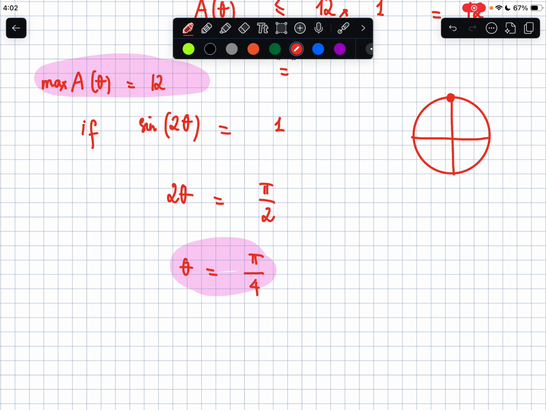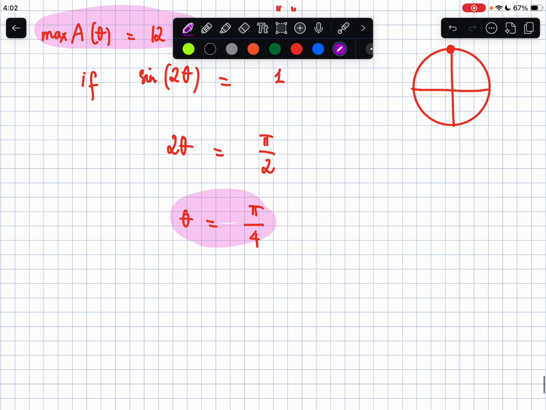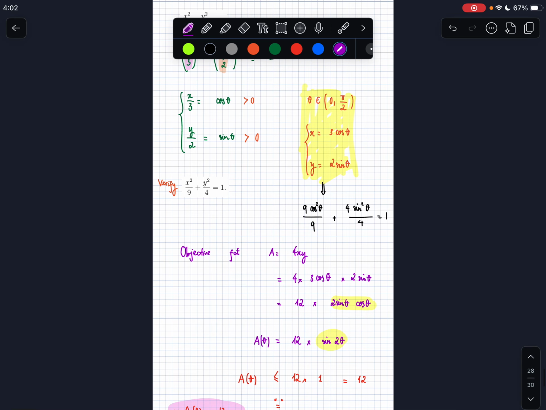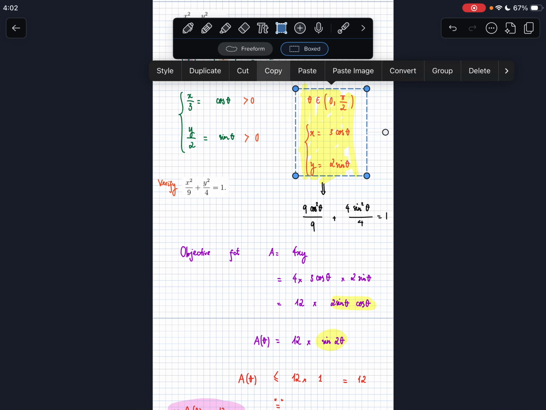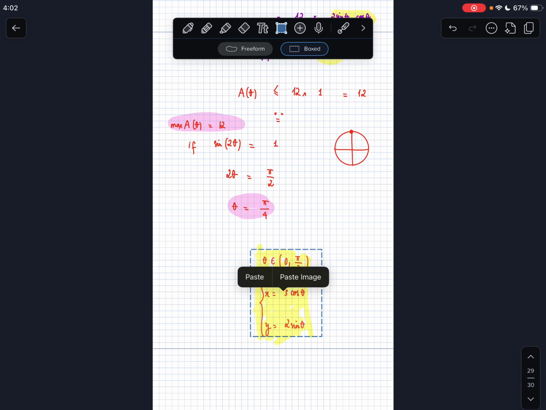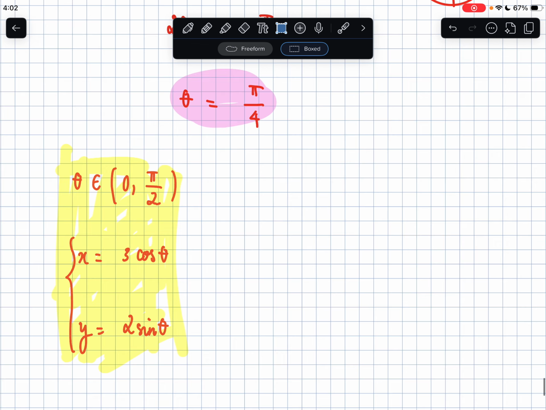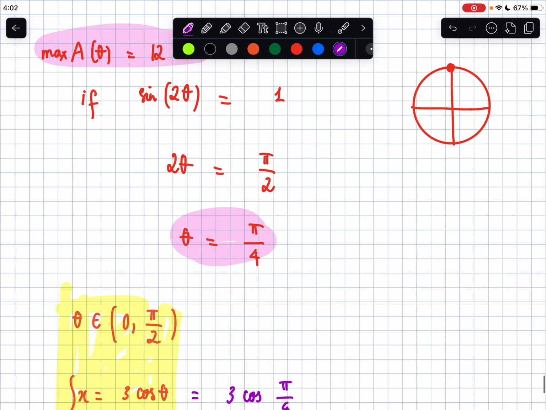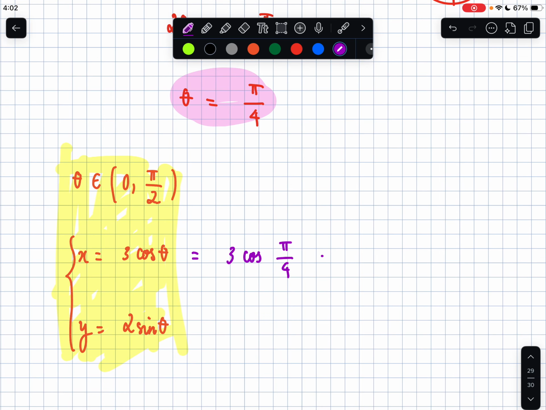If they asked us what x and y would be, then you plug into the formula here. x is 3 times cosine theta, cosine pi over 4, so we have root 2 over 2, which gives 3 root 2 over 2.